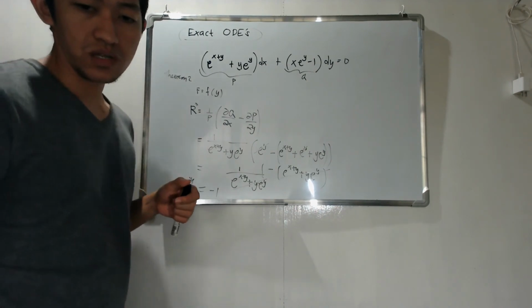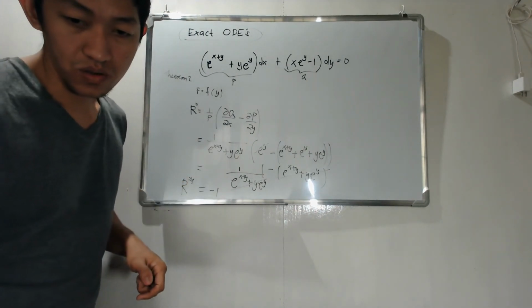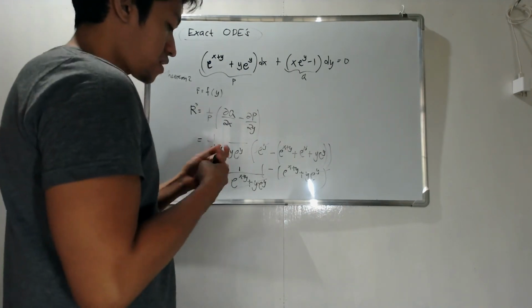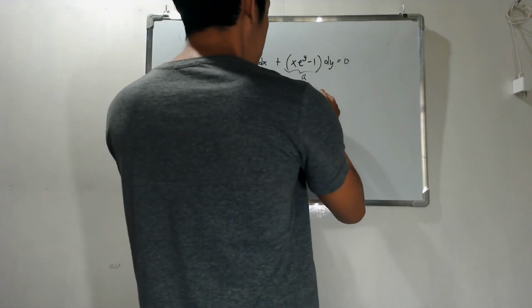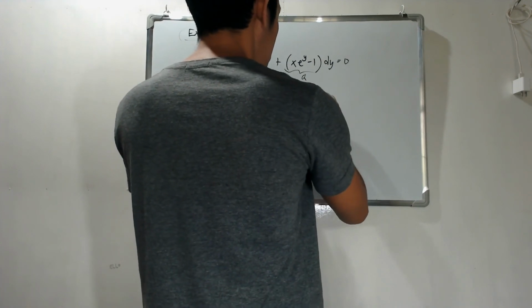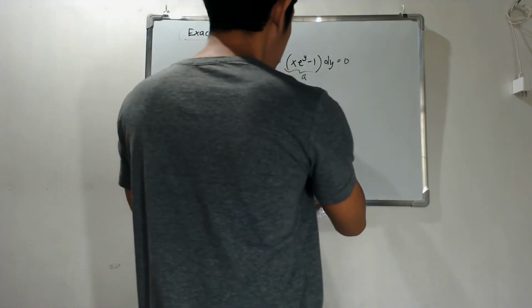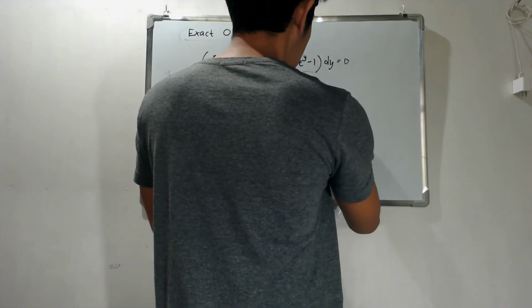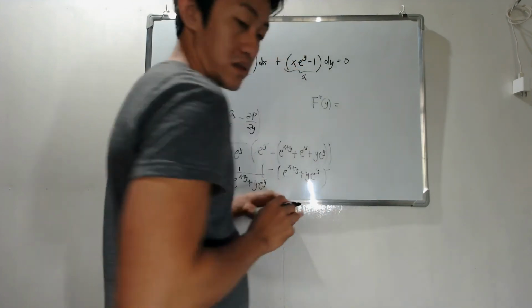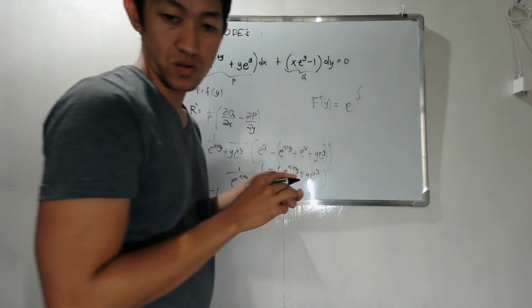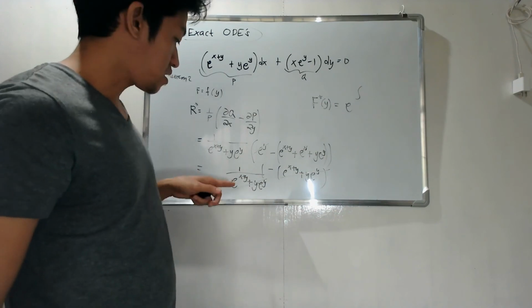So using theorem number 2, your integrating factor would be e raised to the integral of R of y.